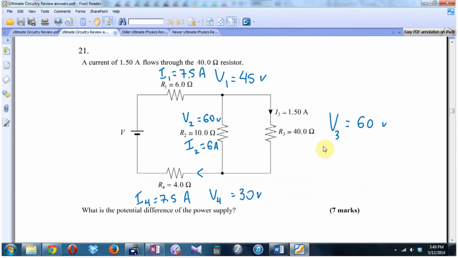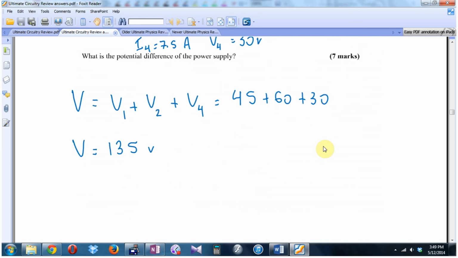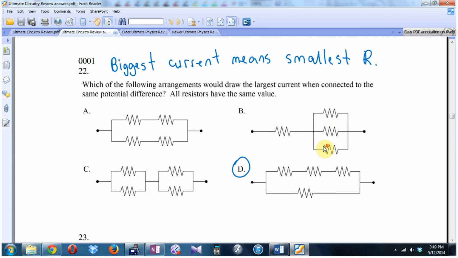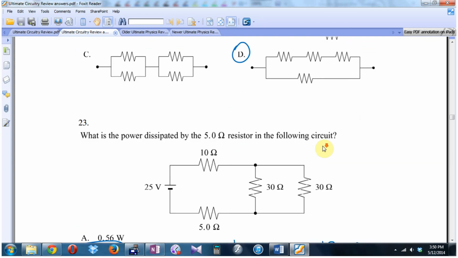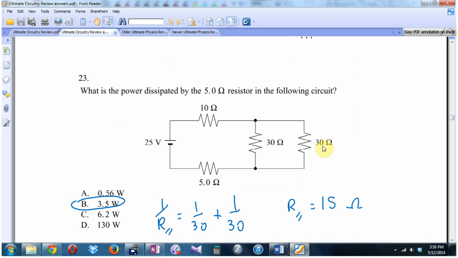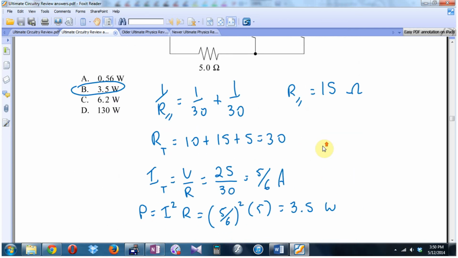Where's the one that I didn't like? 21 will fall apart because they gave you total current. 22, again, you could do algebraically, or you could just make up a reasonable value for the resistance. 23 is good.